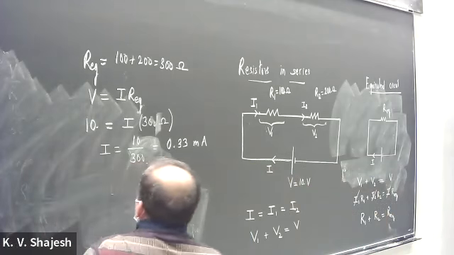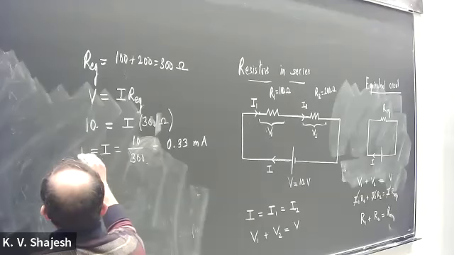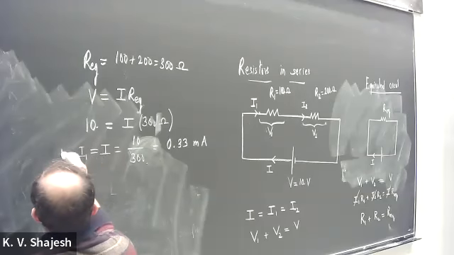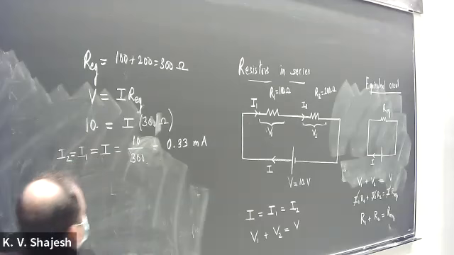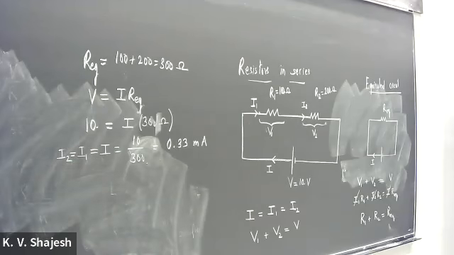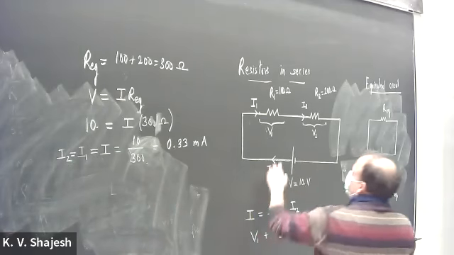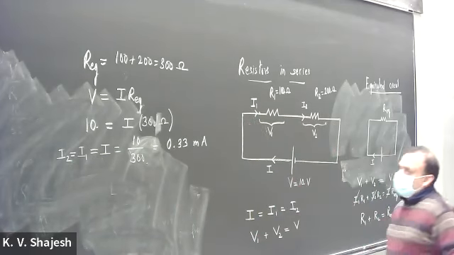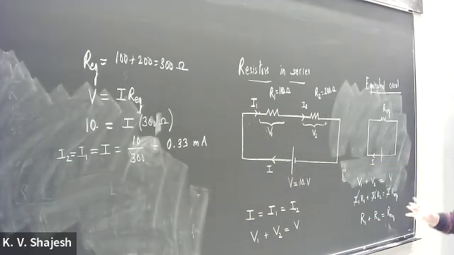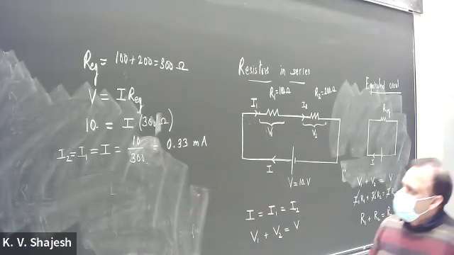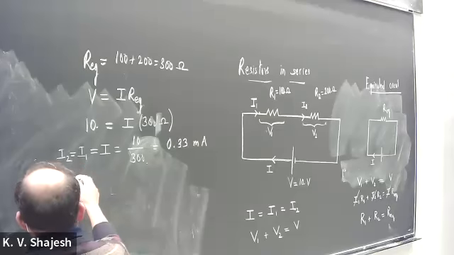Once you know current I, I1 is known and I2 is known. And it is good to then understand what the voltages V1 and V2 are. We said V1 plus V2 is equal to 10 volts. What are the individual potential differences? Once we know the current, we can calculate that.